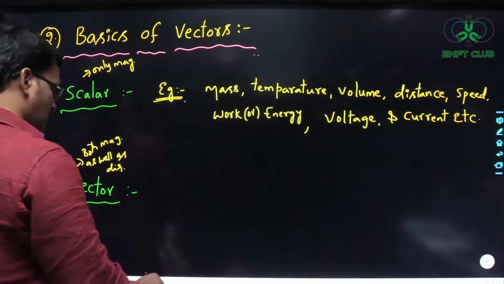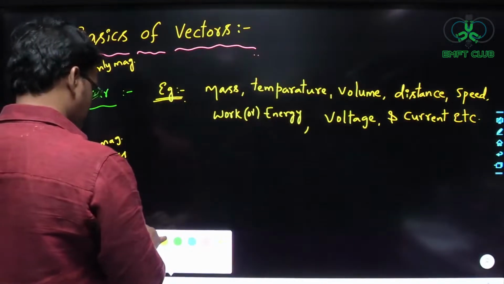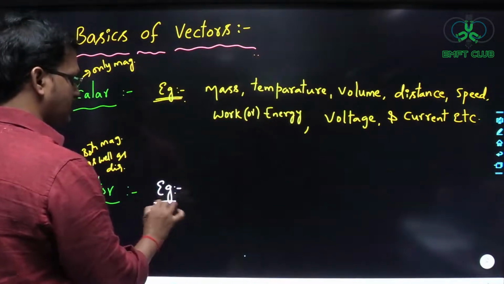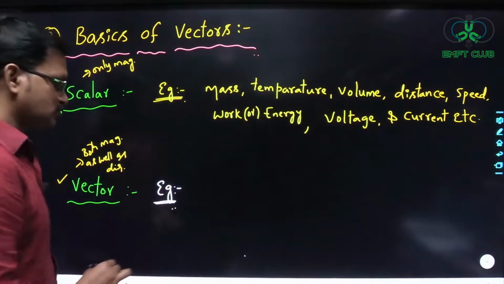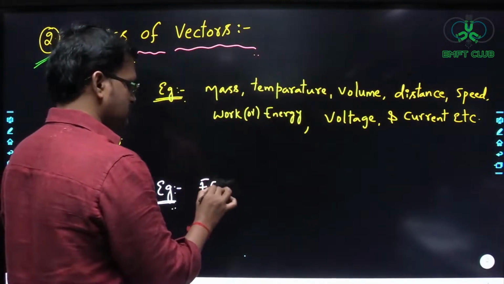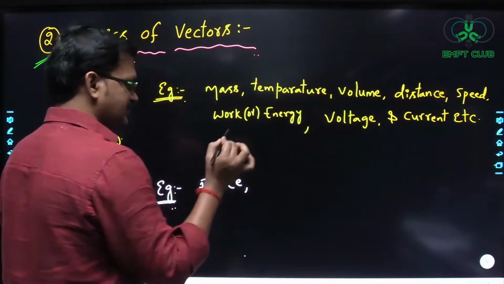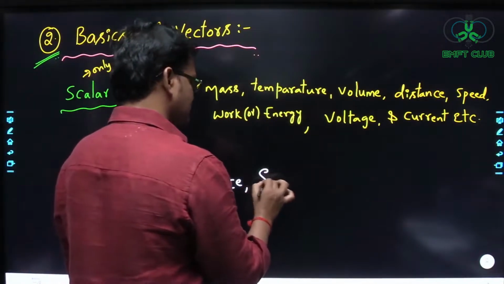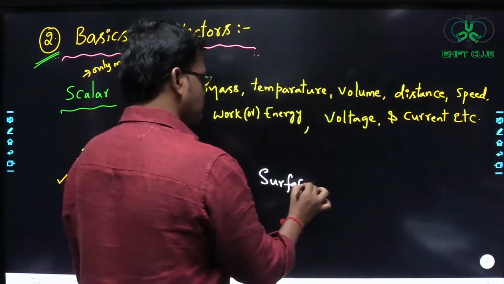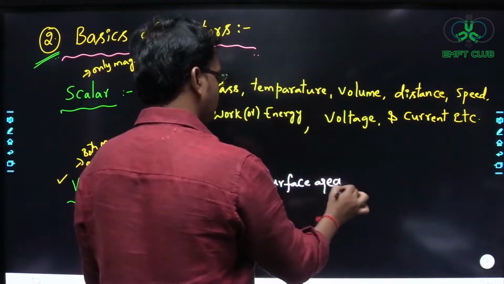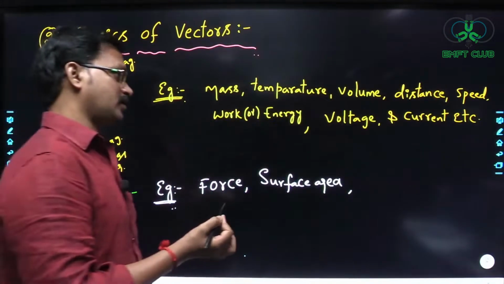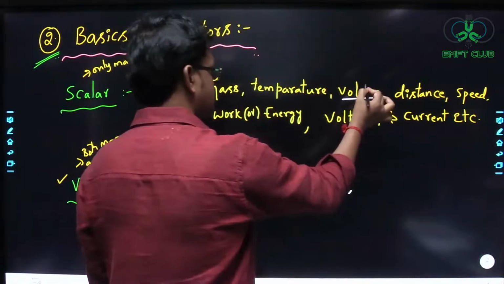Similarly, we will write some examples for vector quantities. The first example is force, which is a vector quantity. Next, surface area. Throughout our subject we are going to consider the surface area as a vector quantity, whereas volume is a scalar quantity.